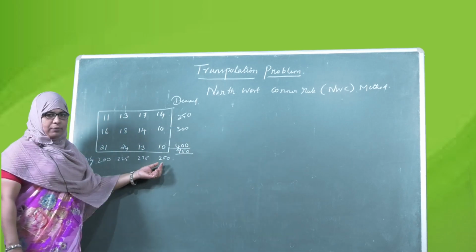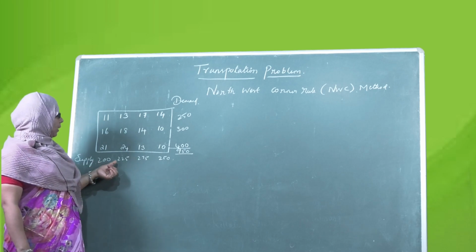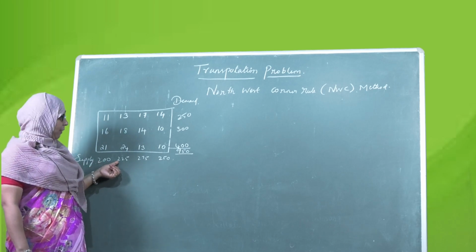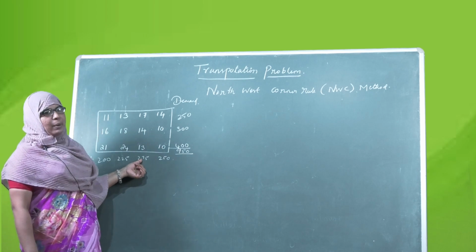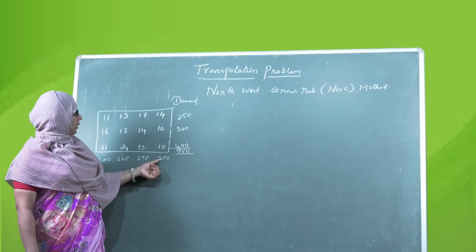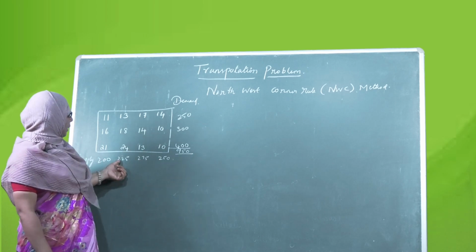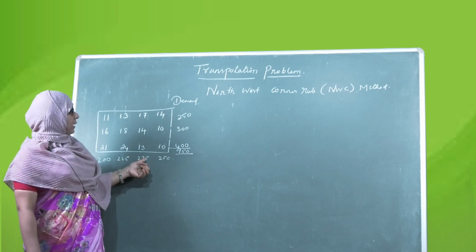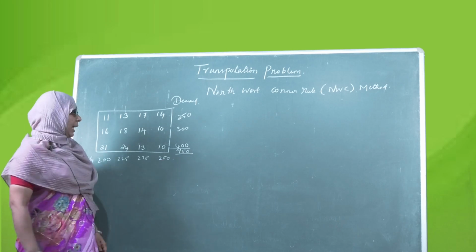Then we add the supply: 200, 225, 425, plus 275, 700, plus 250, 950.